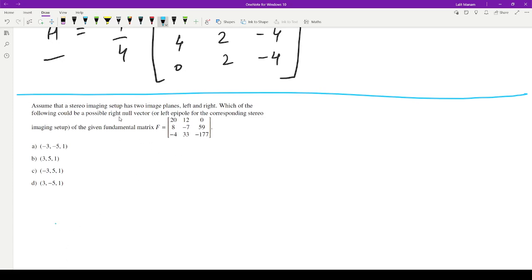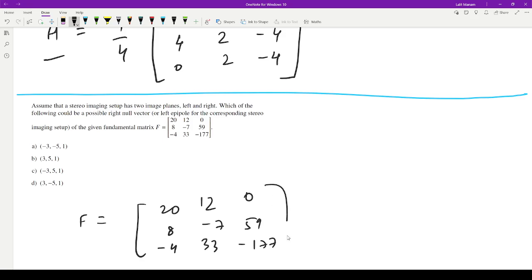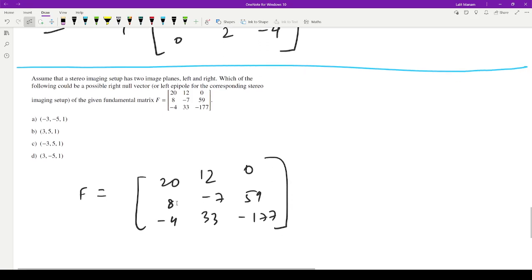Which of the following could be a possible right null vector of the given fundamental matrix F? We are given a fundamental matrix F like this: 28, minus 4, 0, 59, minus 177. Seems quite complicated.